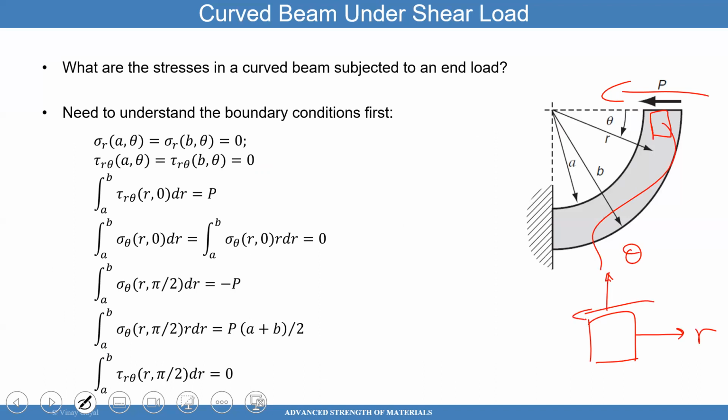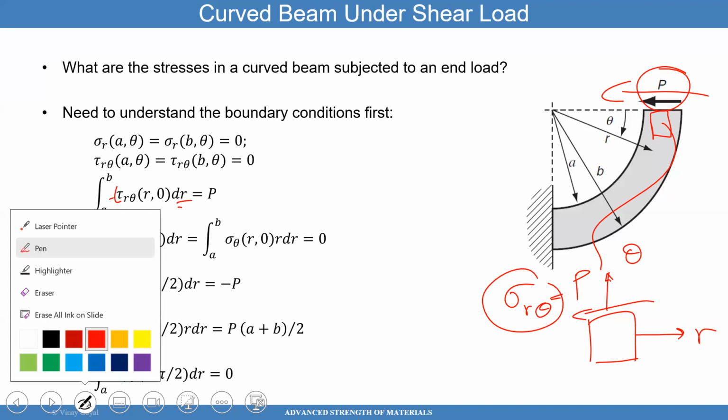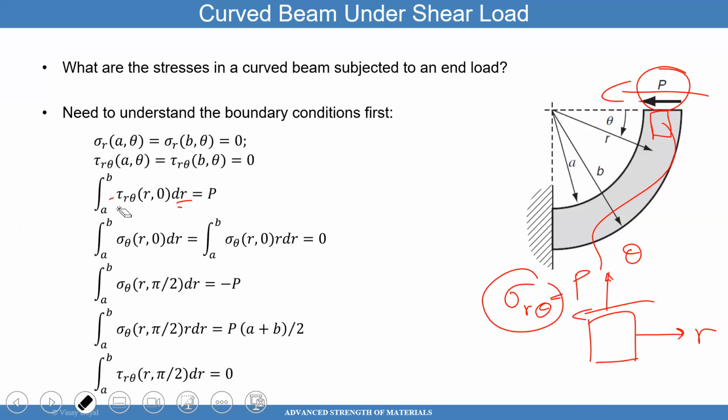And that load is sigma r theta equals that load P. But that sigma r theta is getting integrated with dr, and it assumes that there's a thickness t, but I didn't put the t there, which is fine. It's load per unit length. That's another way of doing it. So you can see here that P is the resultant shear force in that direction, and you can see there that we accounted for that in that formula.